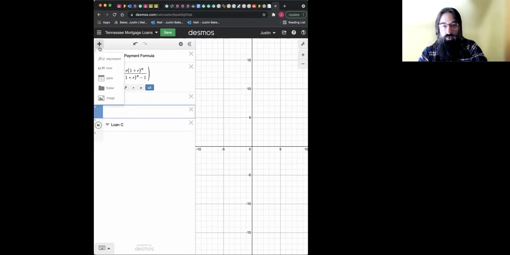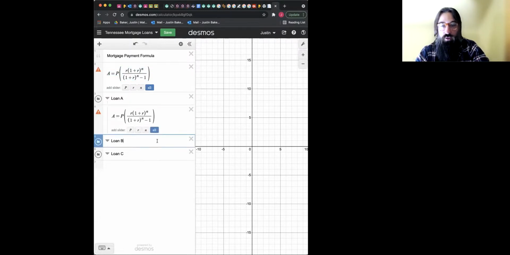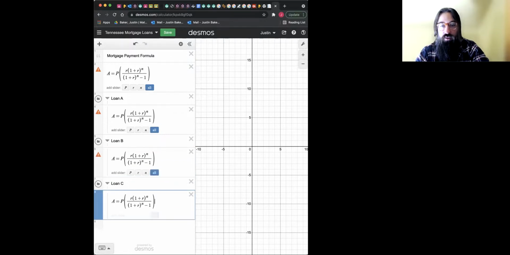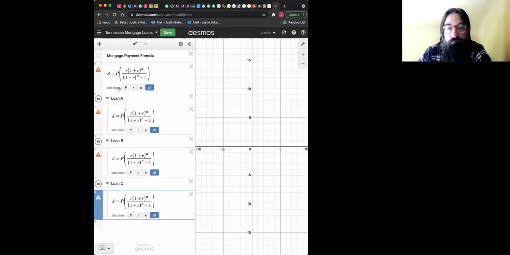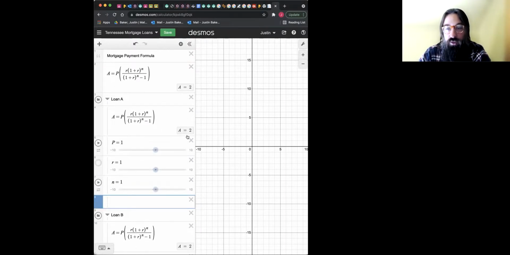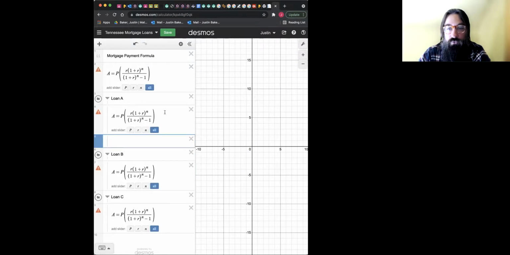So folder, loan A, loan B, loan C. In that folder, I want you to copy this formula. You can see I'm just hitting enter, copying it. You can see that I can close those folders up and it looks nice. That's going to come in handy for when you start doing this next part of the problem.